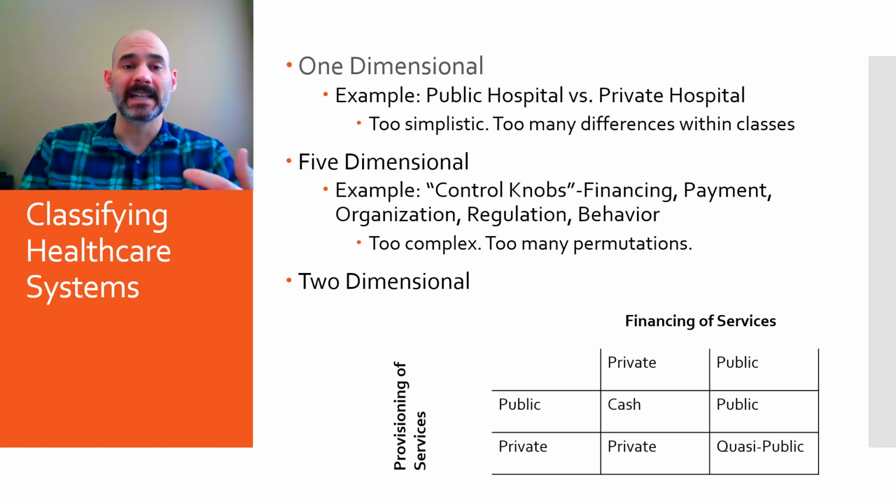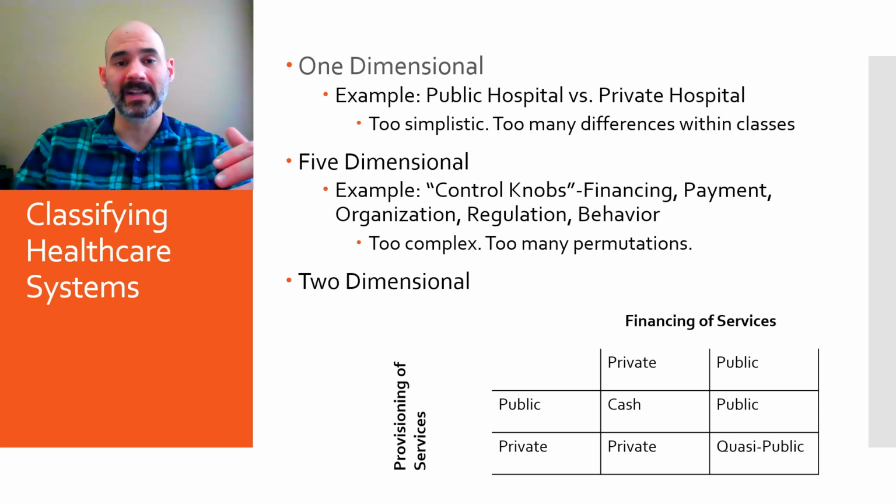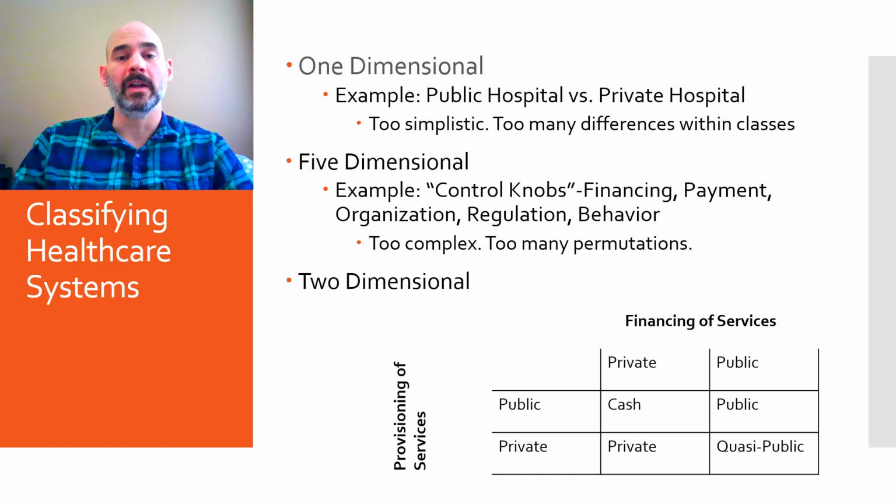I think the textbook does a good job motivating the kind of Goldilocks approach that they use, where they first describe a one-dimensional classification system where they list a bunch of different criteria. For example, are the hospitals in your system public or are they private?